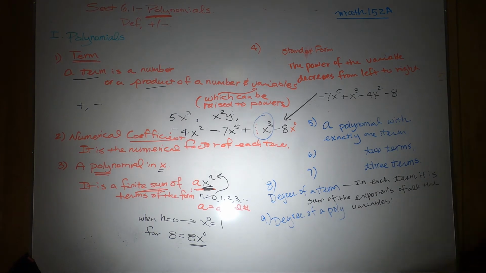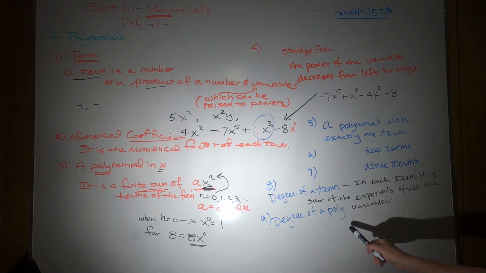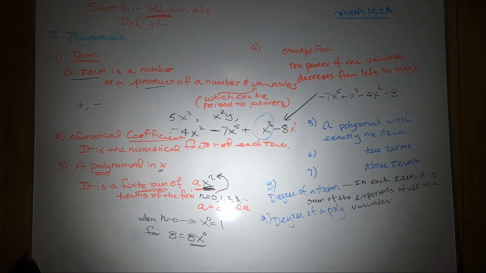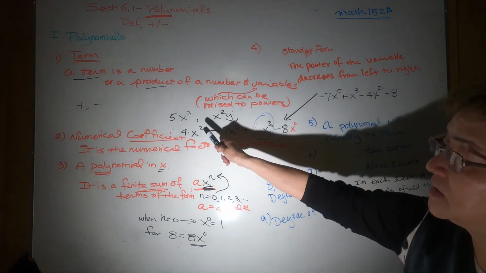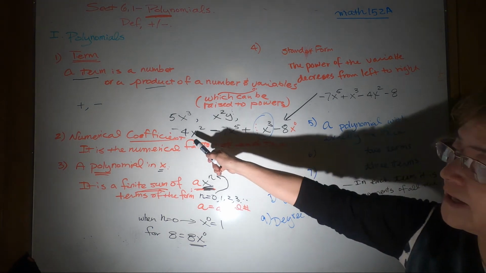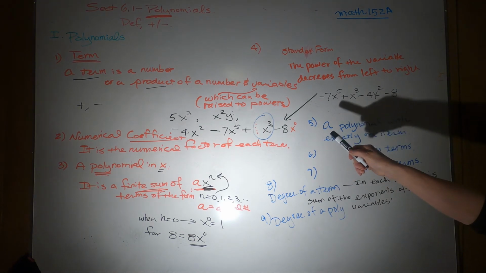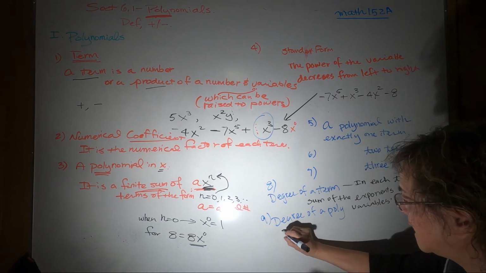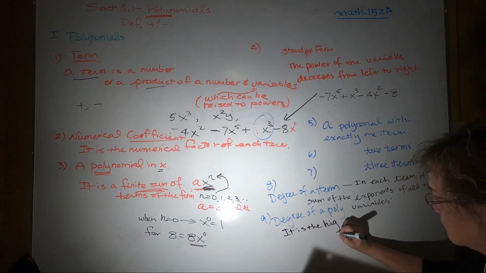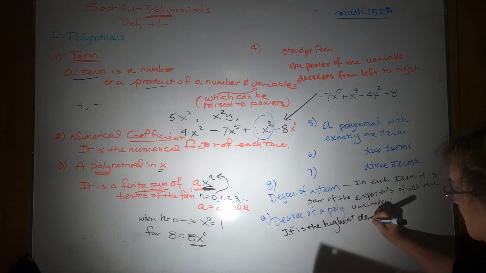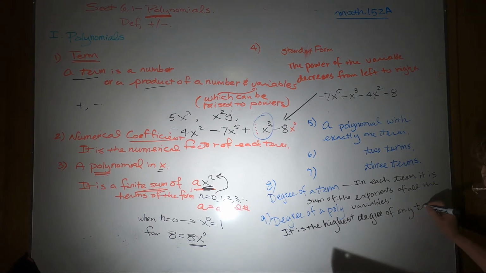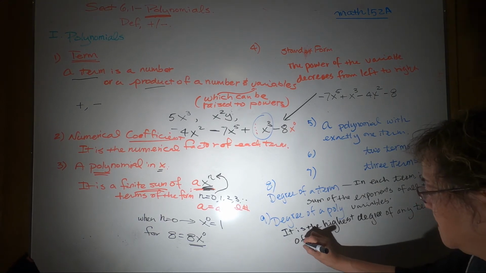Okay? Then degree of a poly will not be just one term, will be all of this, right? Each term has different degrees. So for the poly, with many terms, we would do this: it is the highest degree of any term of the poly.